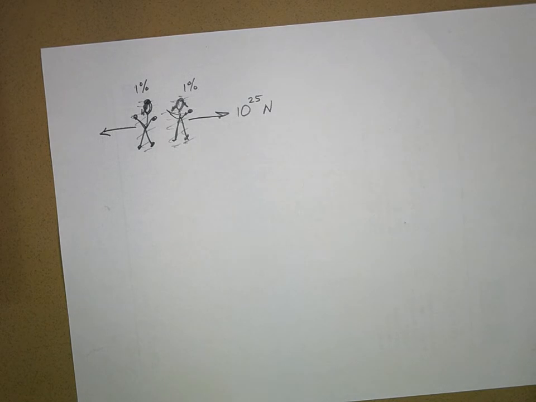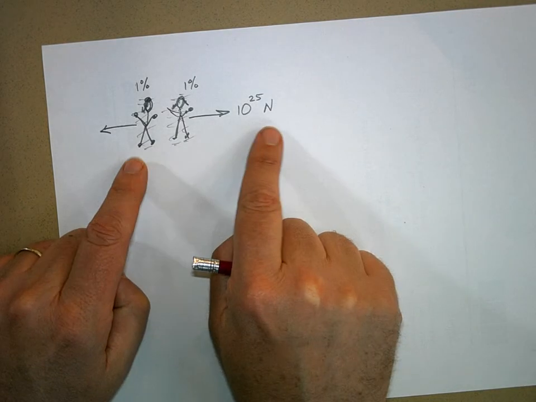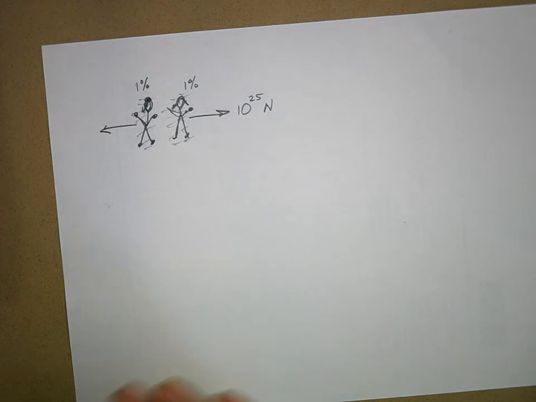Just 1% more electrons, if they're standing right next to each other, gives 10 to the 25 newtons. Now, what would happen? Okay, first of all, you wouldn't feel a thing. Don't worry. It would be totally painless because every atom in your body would be obliterated before any pain signals could get to your brain.